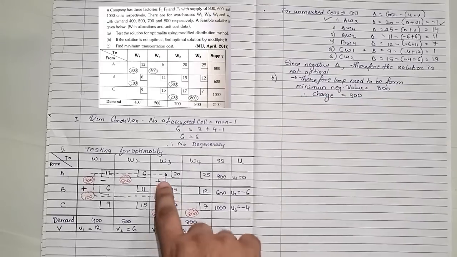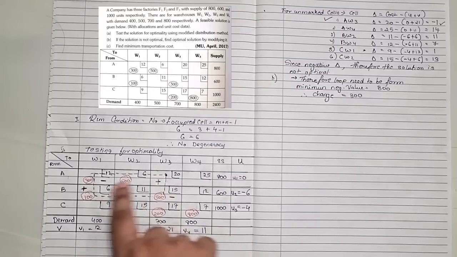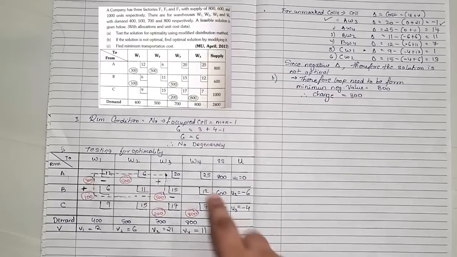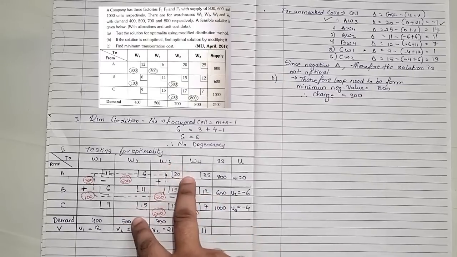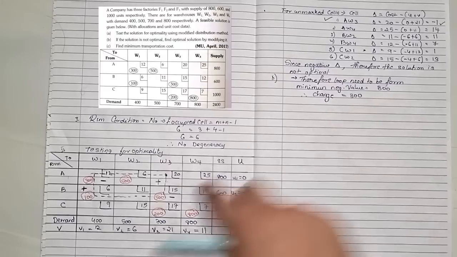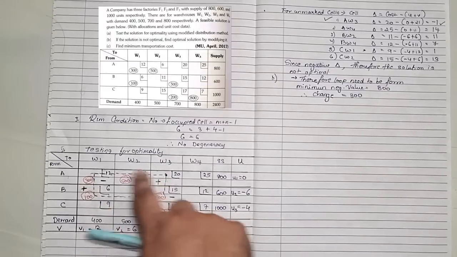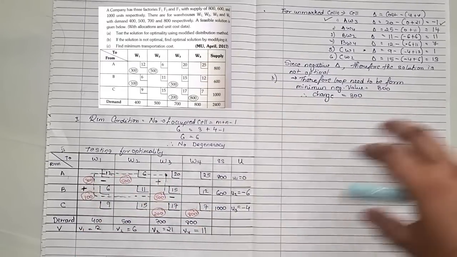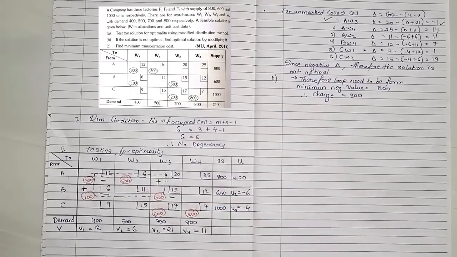It means wherever there is plus, 300 gets added to it, wherever there is minus, 300 will get subtracted from it. So now we will make a new modified table, exactly in the same order, with these new modified allocated values. Let us first make the table and then we see how to go about with the sum.